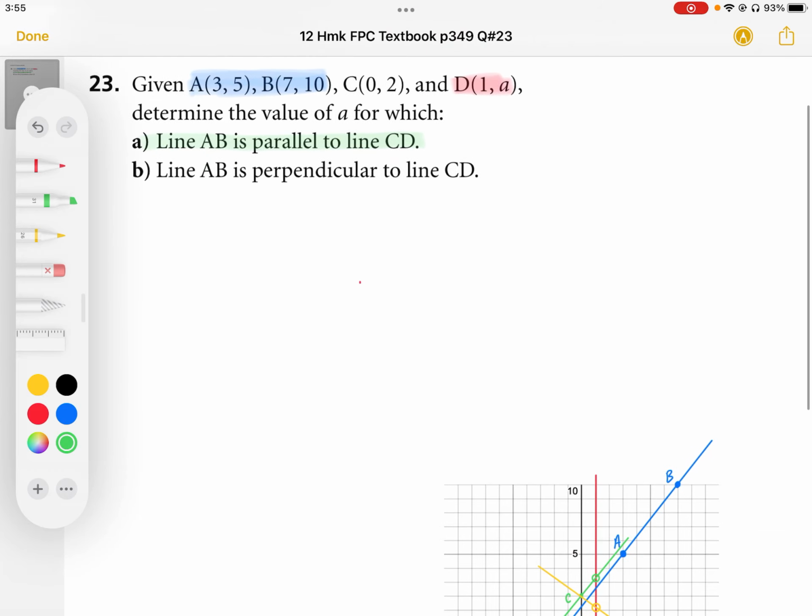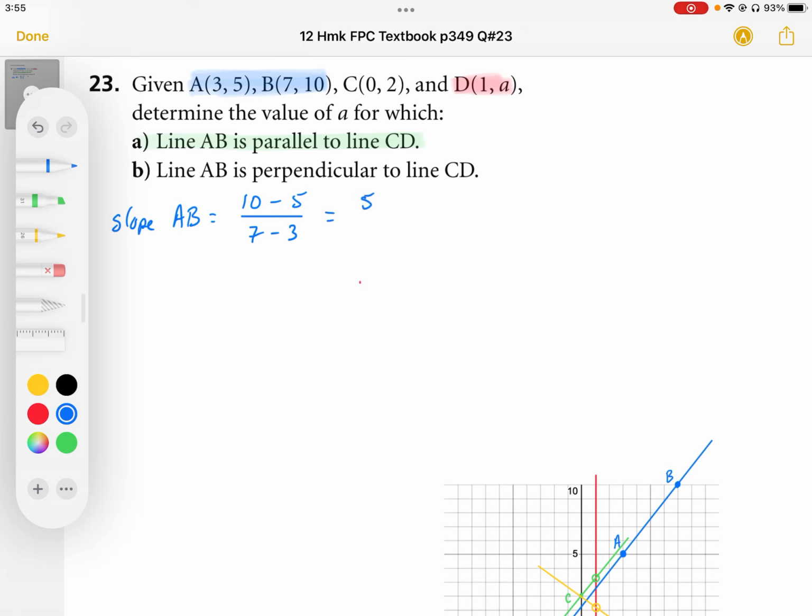Okay, so I'm going to do this with slopes. I'm going to calculate the slope of AB using my slope formula, 10 minus 5 over 7 minus 3.